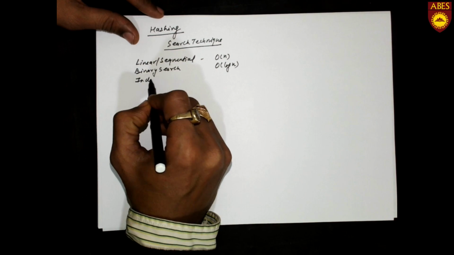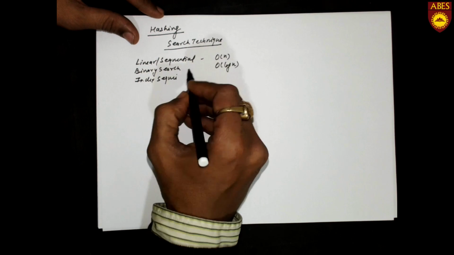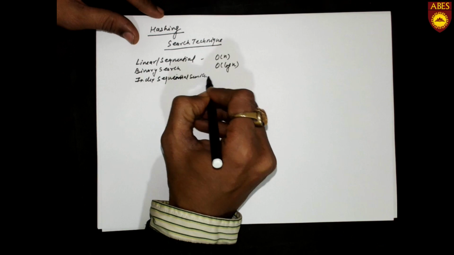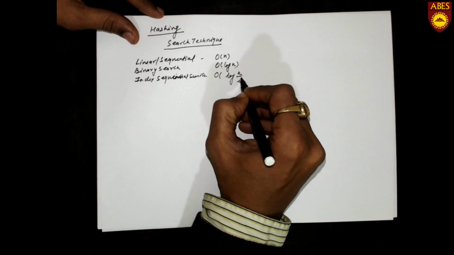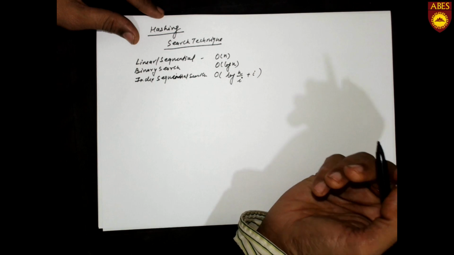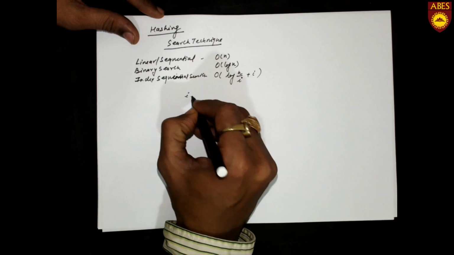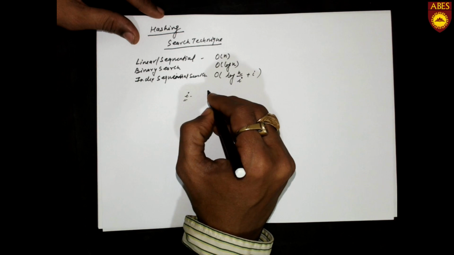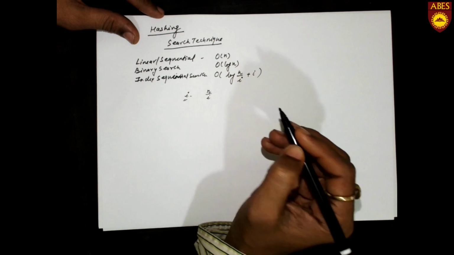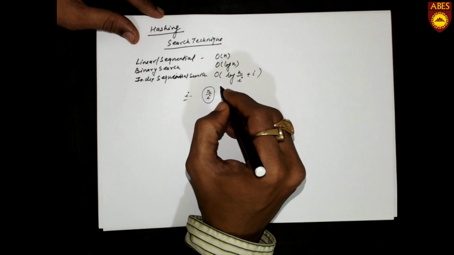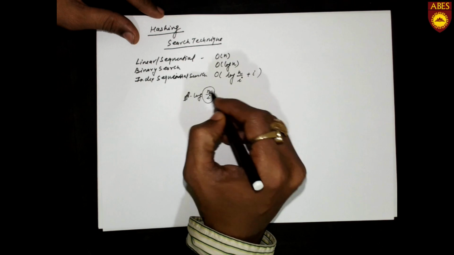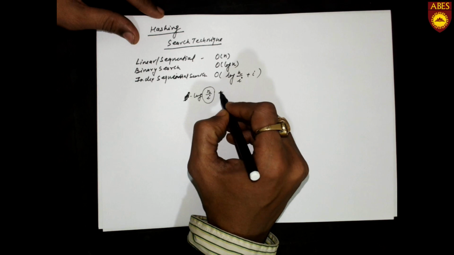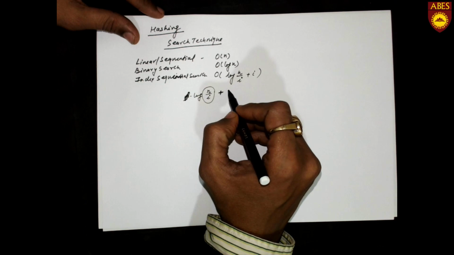We've also seen the index sequential search, which required order of log n upon I plus I searching time, where I is representing that we are maintaining an index of every ith element, so the size of the index will be n by I. We are performing the binary search on the index, hence it will require log n upon I time, and after this we will get a range of numbers in which my searching element can be.